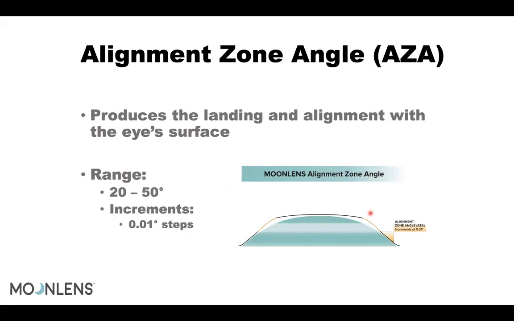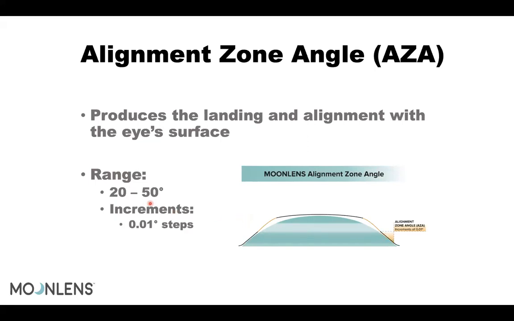So as you can see here, this is the alignment zone. It's going to be right around here, and that's where the cornea tends to flatten. As we know, at the center we have the highest point of the cornea, and as you go to the periphery it is going to be flatter, and that is why we need to align that lens with the flattest zone on the cornea.